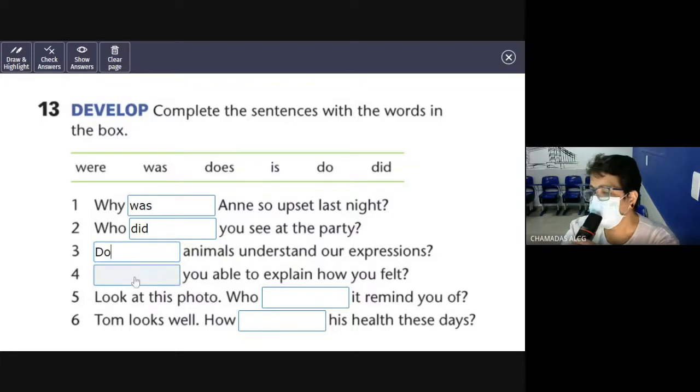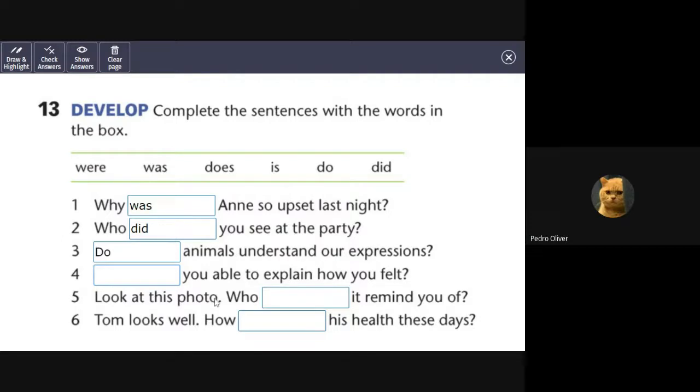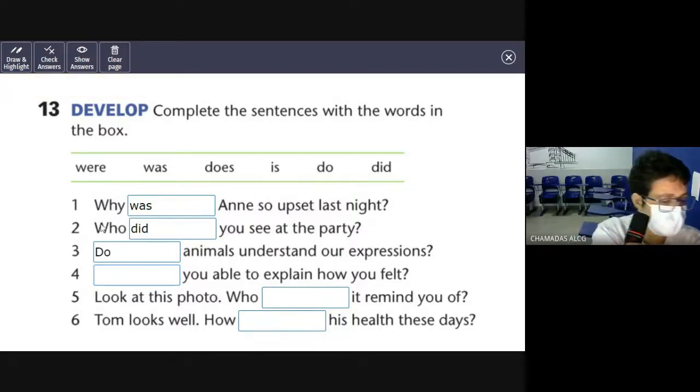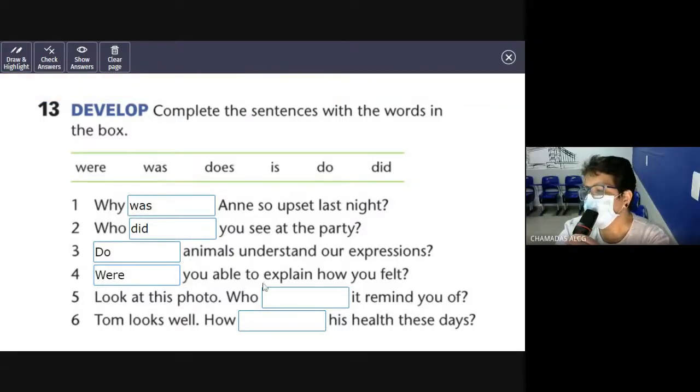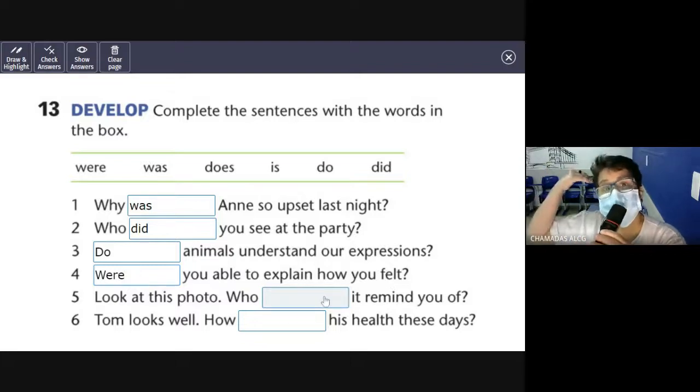Okay. Number four, where were. Yes, were. Were you able to explain how you felt? Because it's in the past. Okay. Number five, look at this photo. Who?